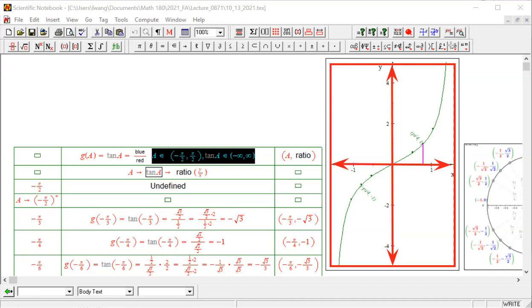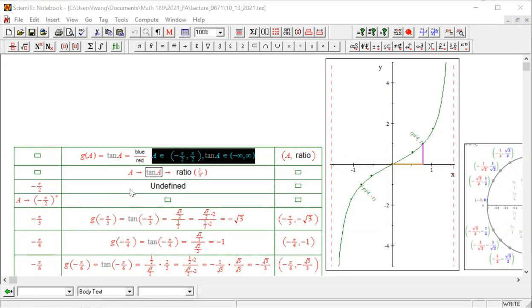Yesterday we plotted these points, and we also talked about how this function is not defined at negative pi over 2. We have done this before, so I'm not going to do it all over again.